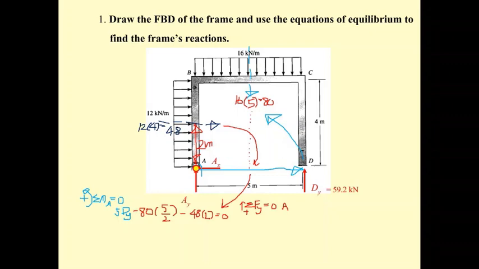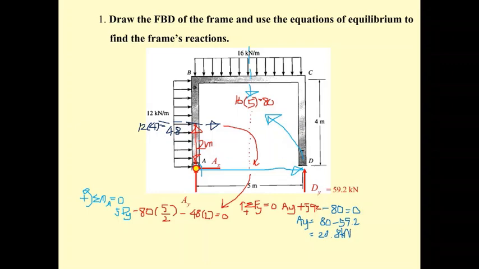So we have A sub y plus the vertical 59.2, and the resultant force of 16 kilonewton per meter is downward, so that is minus 80. So A sub y is going to be 80 minus 59.2, and you get 20.8 kilonewton.